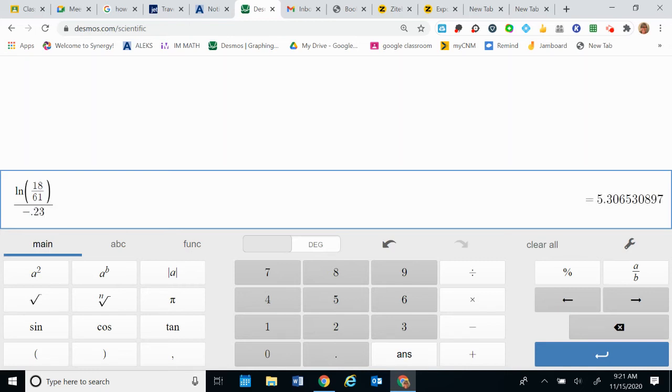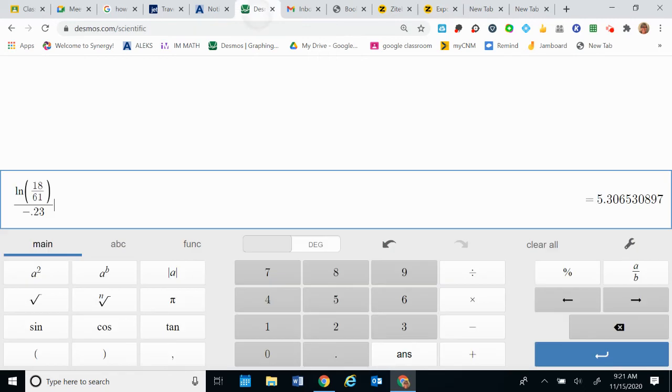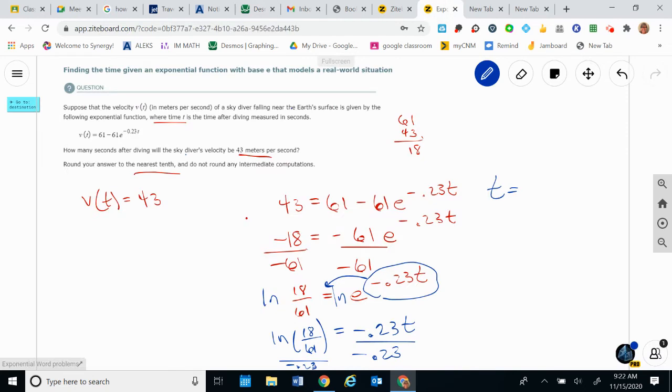Oh, well, there you go. ln of 18 over 61 divided by negative 0.23 is 5.3 seconds. It says to round to the nearest tenth. So it was 5.30. So it's 5.3 seconds. Okay, and that's it. 5.3 seconds.